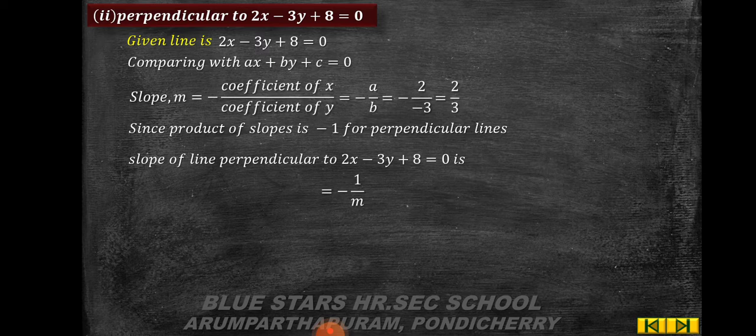Then the product of slope is minus 1 for perpendicular lines. That is, the slope is equal to minus 1 by 2 by 3, which is minus 3 by 2.